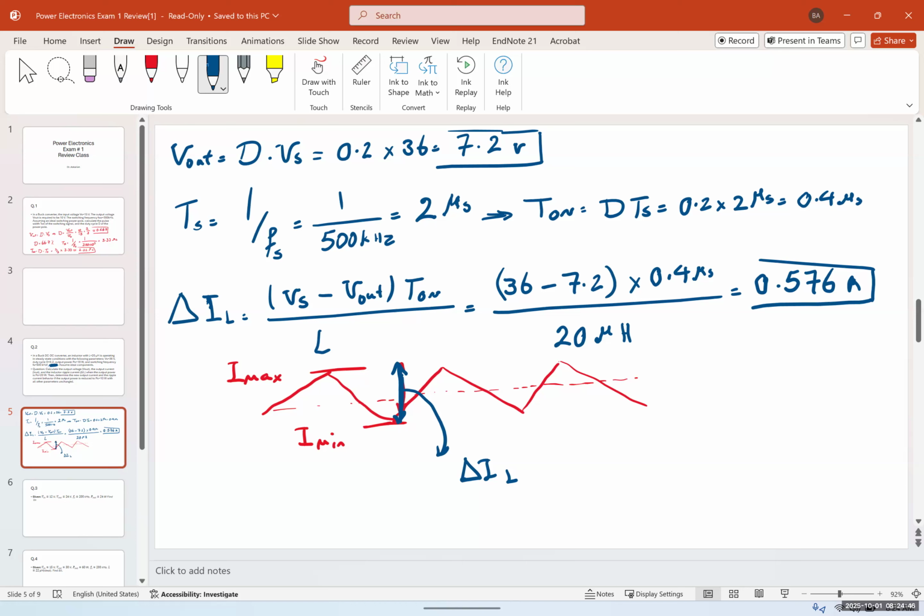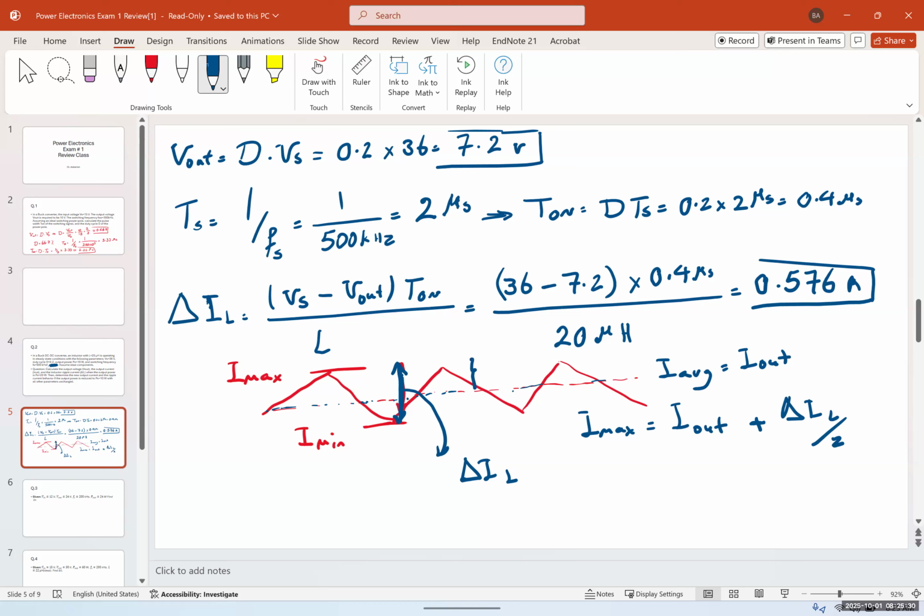So if we find the average of the current, then I max would be the average current, or here average current is our I out, so I out plus delta IL divided by 2, because we are doing maximum.